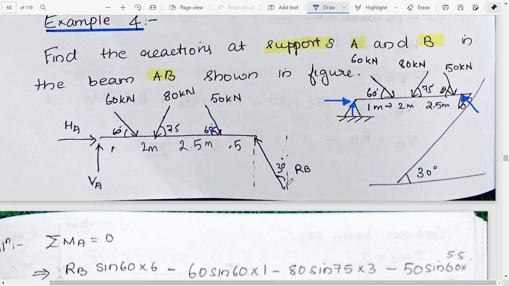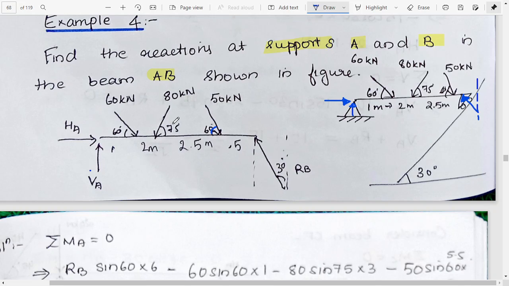Why is this angle 30 degrees? It is just because if you consider this angle like this, we are getting alternate angles, so that is why we are saying this angle is 30 degrees. So here we need to find VA, HA and RB.